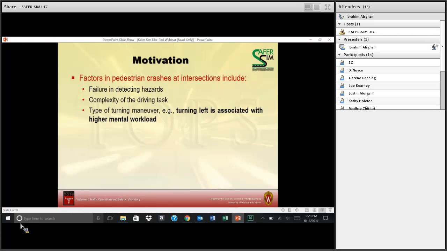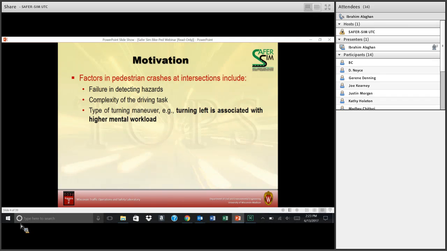Next one. So the third motivation: we tried to analyze what factors affect pedestrian crashes at intersections, and we found different factors. The first one is that drivers were unable to detect the hazards, or a failure to detect hazards.